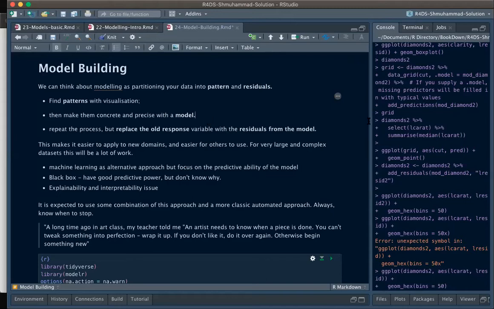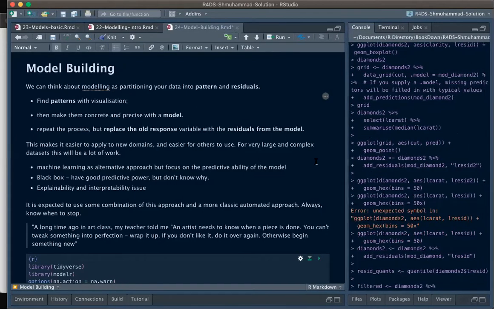Hadley takes two ways to discuss building models. The first one is to think about modeling by partitioning your data into pattern and residuals.